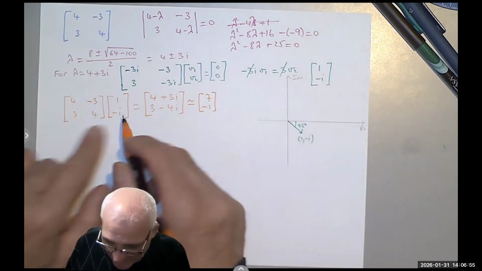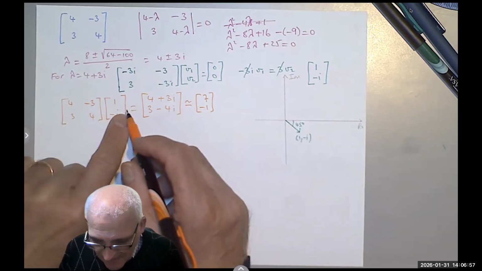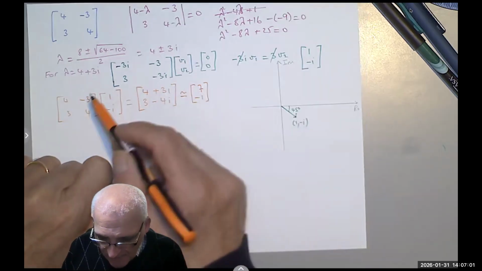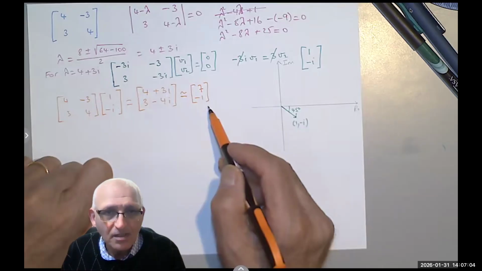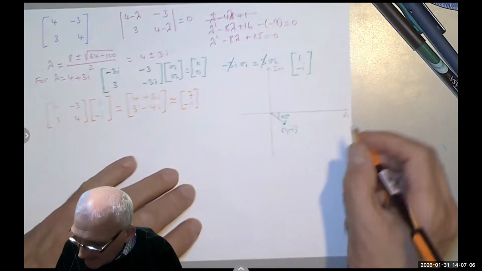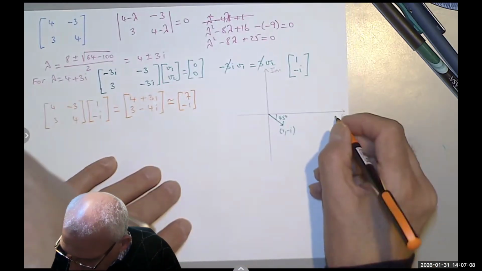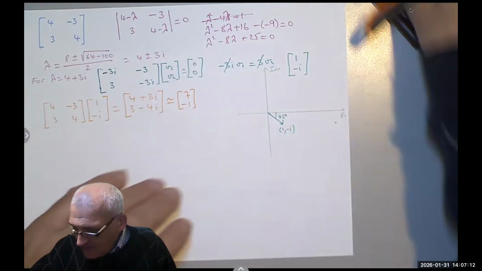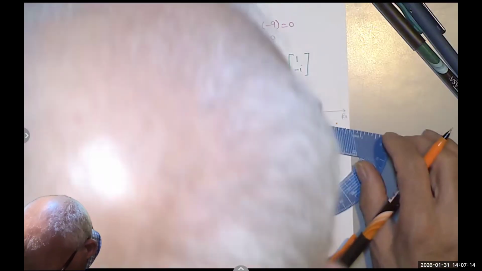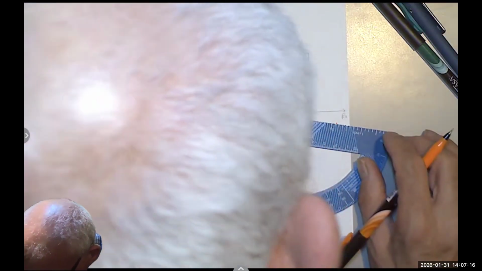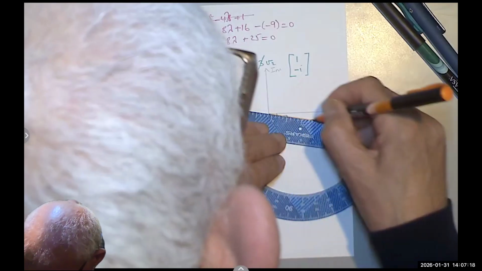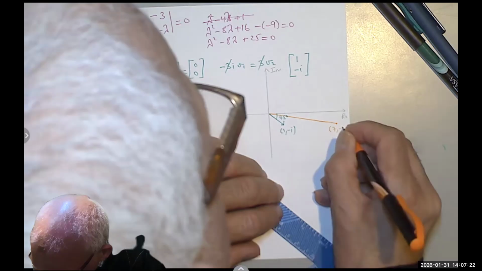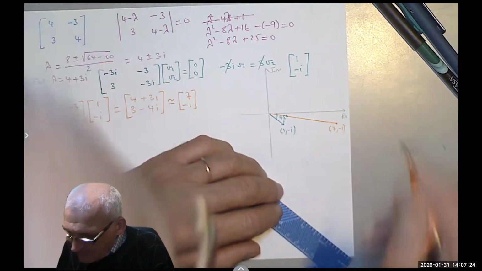And if I had written this as 1, negative 1, I would say 4 plus 3 is 7, and 3 minus 4 is negative 1. That's basically it. So I will end up at a point here, assuming this is 7, that looks like this, or negative i, if you wish.